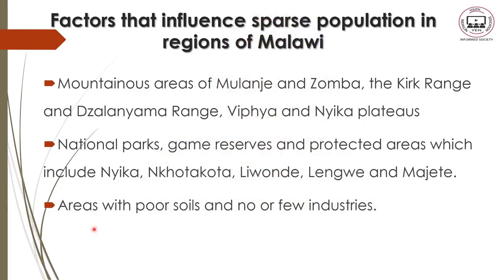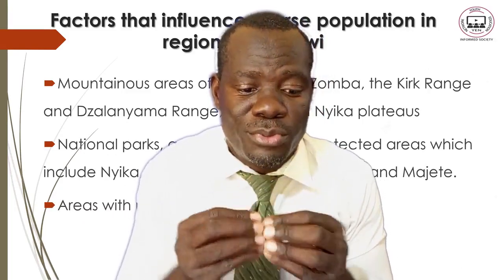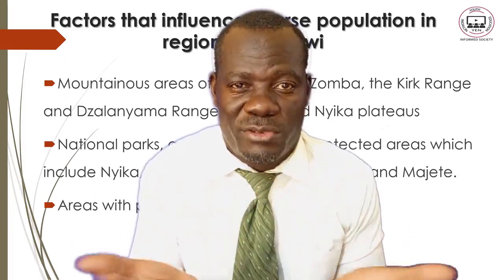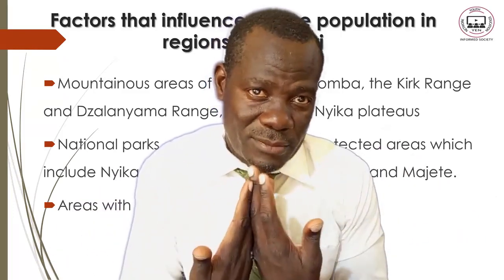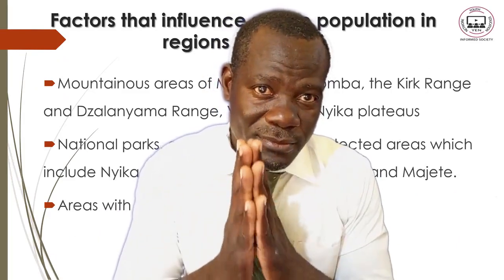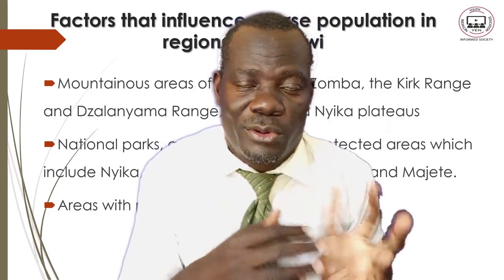Another one is areas with poor soils and no or few industries. There are also other areas that have poor, infertile soils and no industries. Because of that, the area cannot attract many people to settle there. We talk of the northern region.